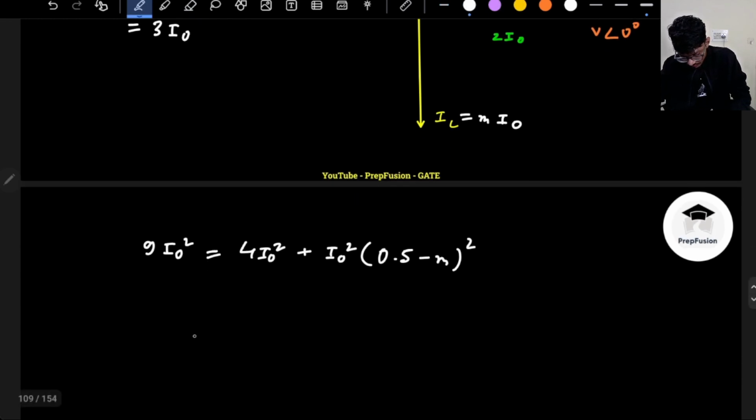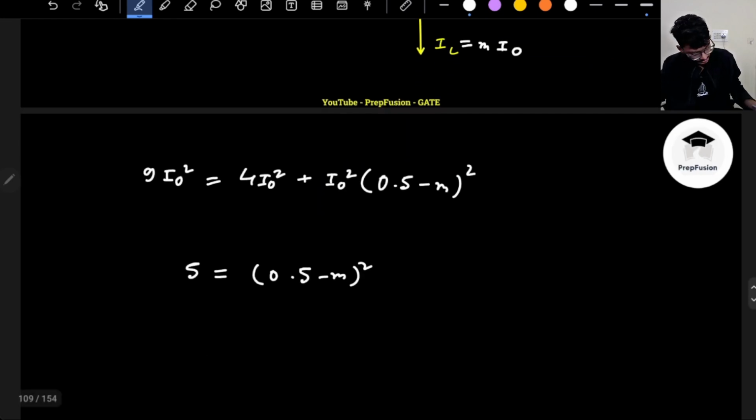This will come out to be 5 equals (0.5 minus M) whole square, or I can write root 5, plus minus 2.236, equals 0.5 minus M.